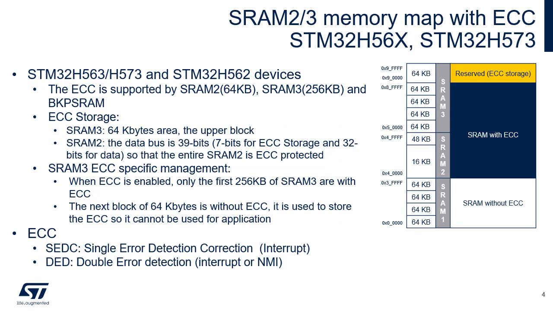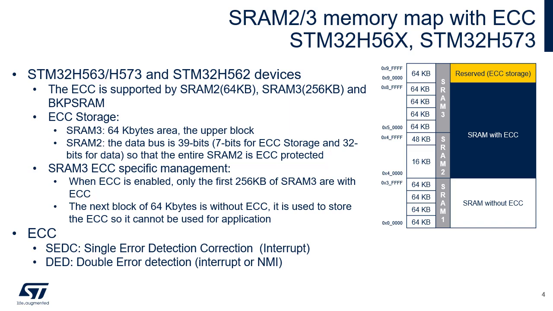This slide describes the SRAM1, SRAM2 with ECC and SRAM3 with ECC memory map for STM32H56X and STM32H573 devices. Four 64 kilobyte blocks of SRAM3 and the 64 kilobytes of SRAM2 are ECC protected.